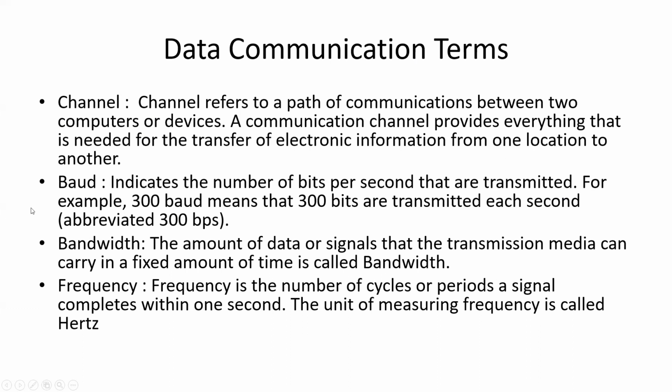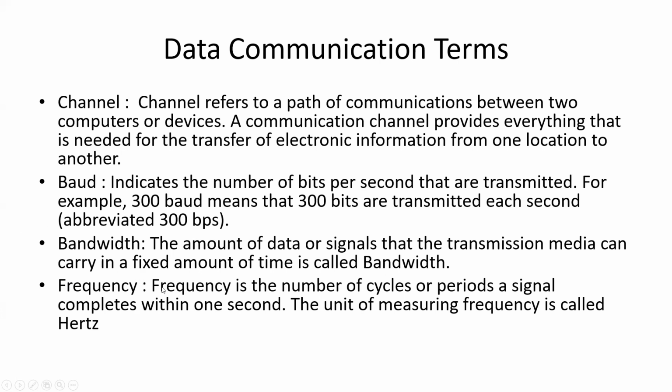Bandwidth. This term we use in regular mode. What does bandwidth mean? The amount of data or signals that the transmission media can carry in a fixed amount of time. In short, we can say it is the capacity.